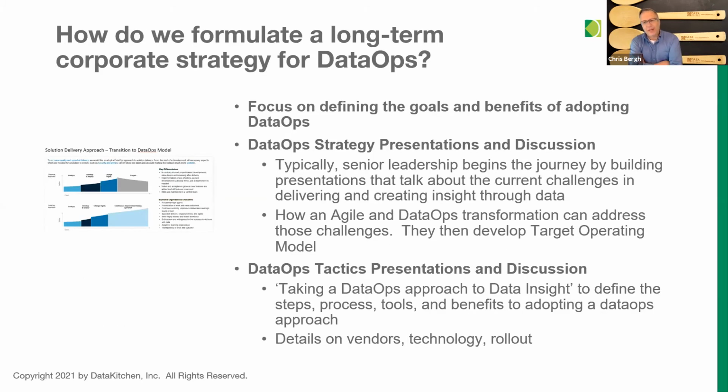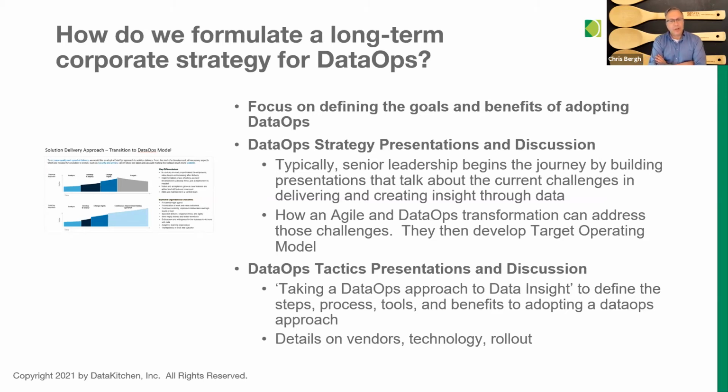And then the second is, if you think about the strategic approach here, the first way we've seen is to build a strategy presentation. Partly, adopting DataOps means that you're going to adopt a short cycle time way of working, some type of agile model. There are different flavors, and we're going to talk about that in a little bit.